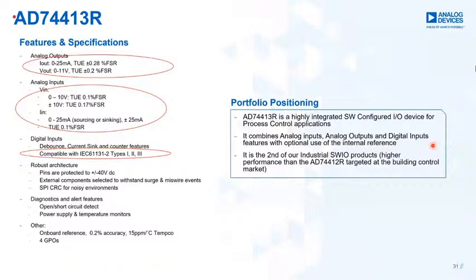And it's a very robust architecture with high voltage process. Not only inputs, all pins are protected up to plus or minus 40 volt, which makes your external protection component selection very easy, as I mentioned in the previous cases.